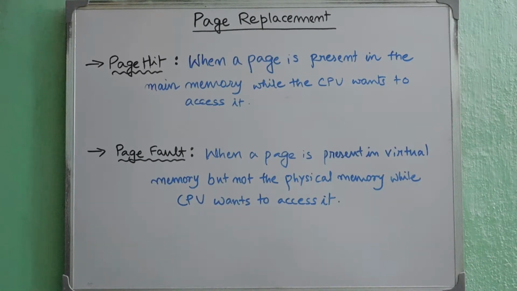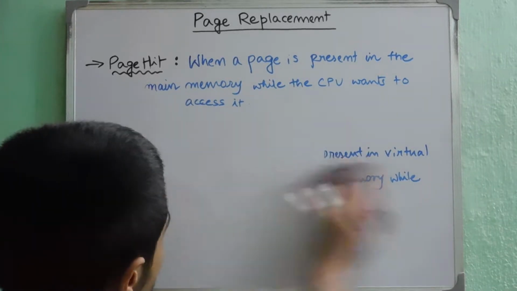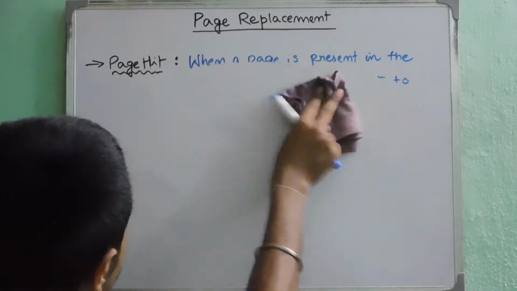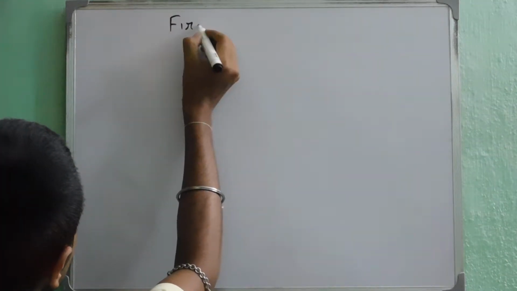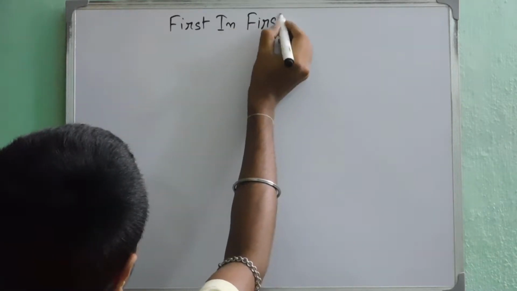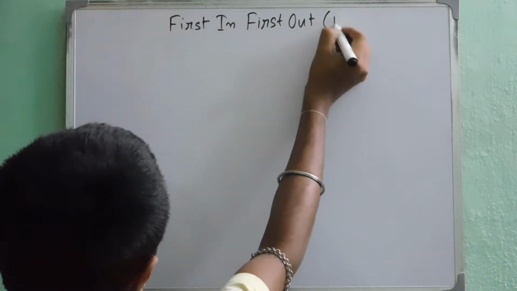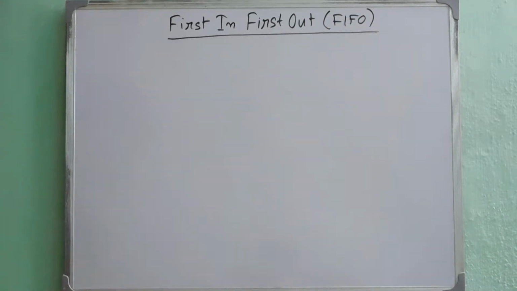Now let's move on to the first page replacement algorithm, which is first in first out, that is FIFO. Now the question goes something like this.